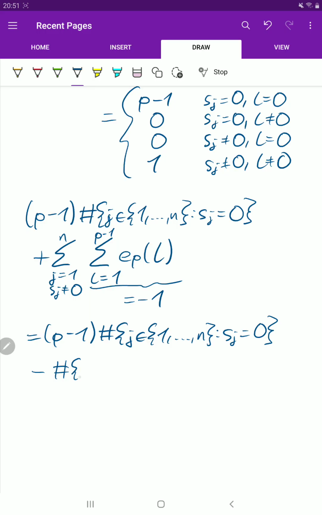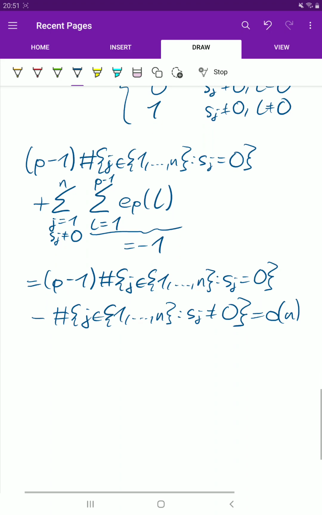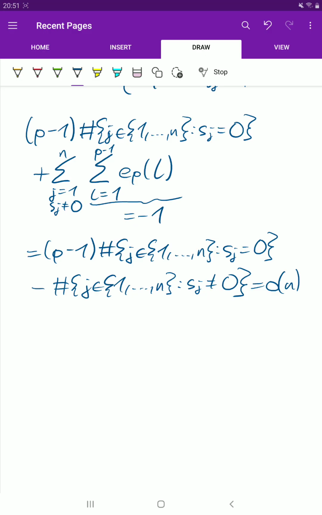Well, these are exactly the number of j's for which Sj is not equal to 0. Okay, so now we have these two things, and we can compare them. And recall that this is in small o of n. So now we are getting close to what we want to prove.